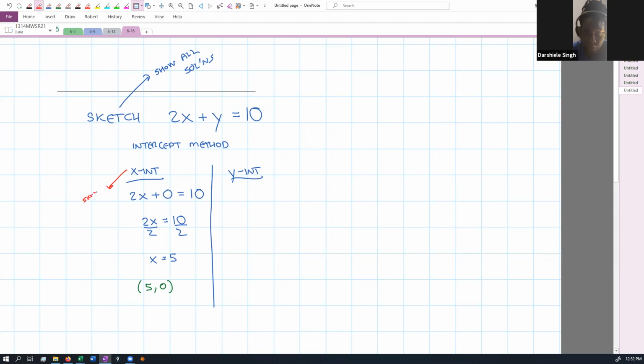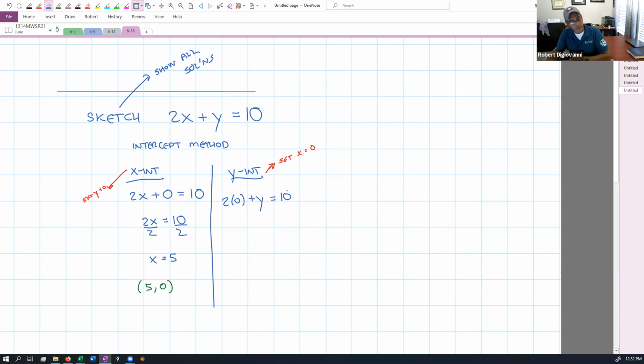So to find the y-intercept, we set x to 0. Yes. Okay, so we're going to rewrite the equation: 2 times 0 plus y equals 10. The 2 times 0 is gone, so you're just left with y equals 10. And that means that the y-intercept is the point where x is 0 and y is 10.